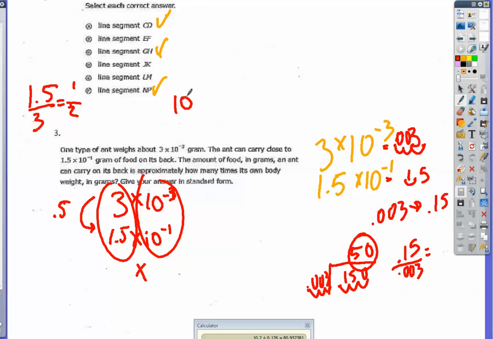Does that make sense? Well, that should work on the other side of the multiplication too, right? I can just say 10 to the negative first divided by 10 to the negative third. And when you divide something with the same base with exponents, what do you do with the exponents? You subtract them.